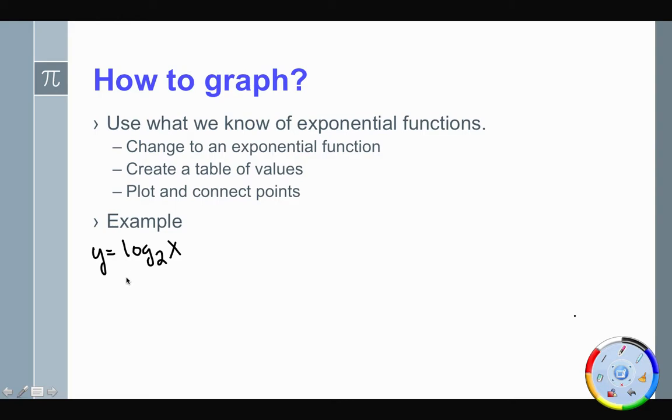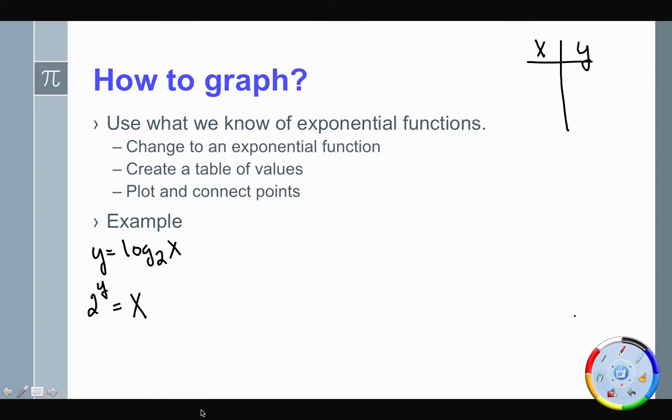As I said, we are going to need a table. Table comes in a minute. We are going to change this into an exponential function. So as we learned in the last video, it is the base 2 to the power of y is equal to x.